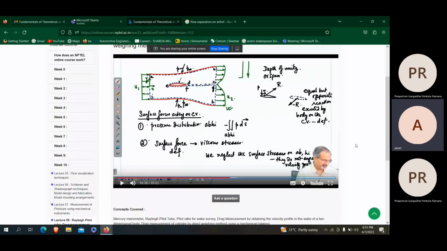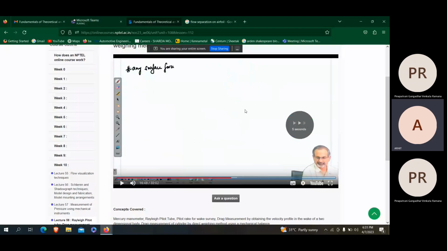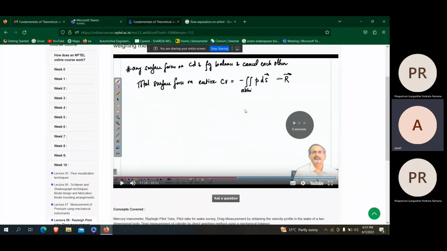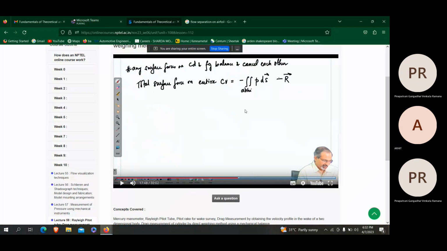Actually, the professor has named them CD and FG. Okay, the wake region. Total surface force on the entire CD.